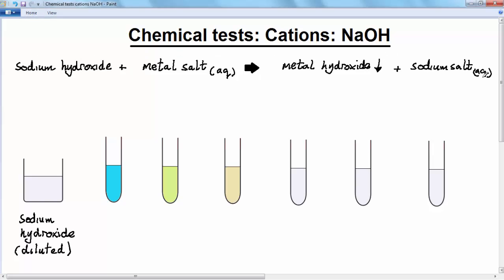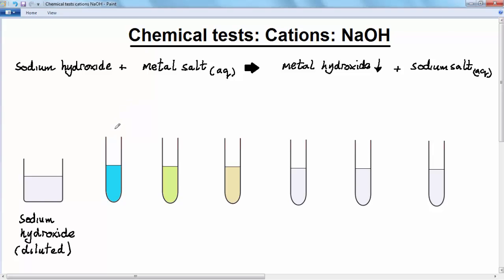So in this test what we're basically doing is forming the metal hydroxide, and by examining the colour of this metal hydroxide and its behaviour we can determine which metal cation is present in each solution.